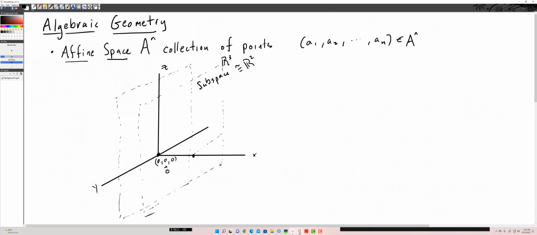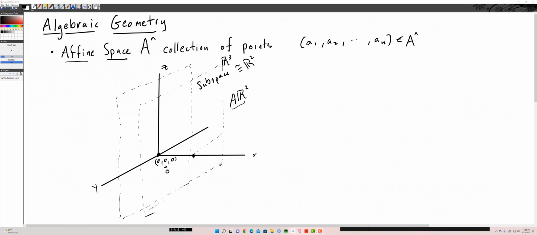One of them passes through the 0 vector and one of them does not. This plane looks exactly like this plane, but it is not a subspace because it does not have the 0 vector. This plane would be the perfect example of an affine space. We would call this A R squared.